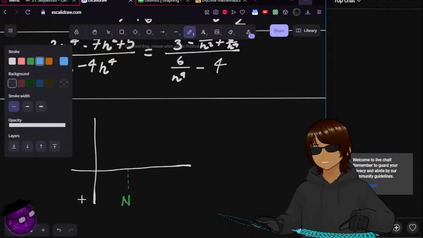Yeah, so there is a sequence. It's like minus, minus, right? And then it starts to converge.